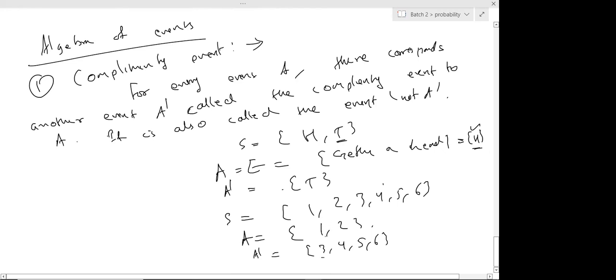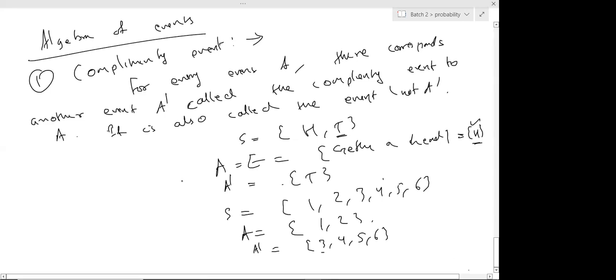So what remains? 3, 4, 5, 6. This is called complementary event. Note it down. We can also write A dash as sample space minus A. This is difference of sets.